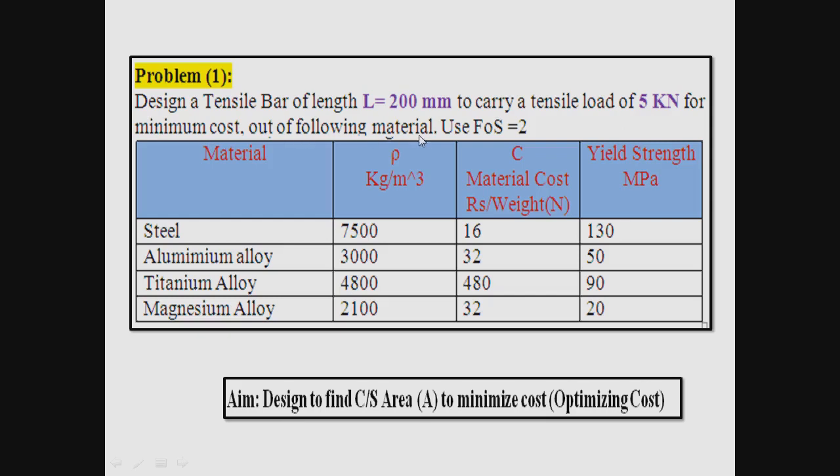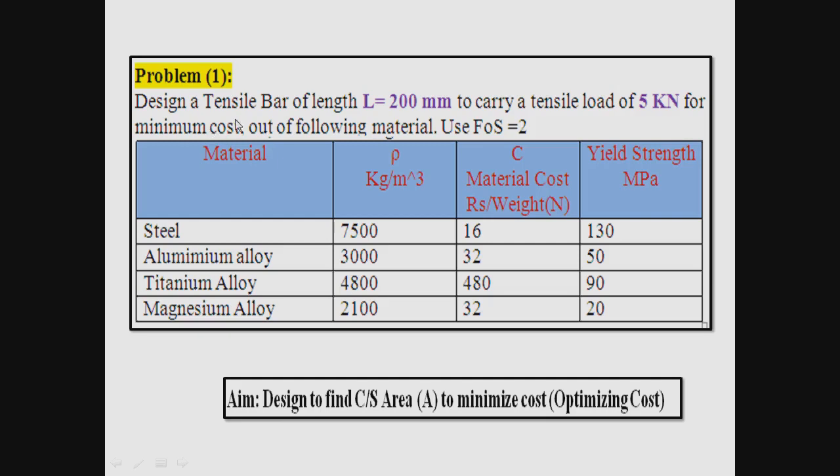Out of the following materials, use the factor of safety FOS equal to 2. So here we have to design the bar of length 200 mm, and the load carrying capacity should be 5 kilonewton, but for minimum cost.